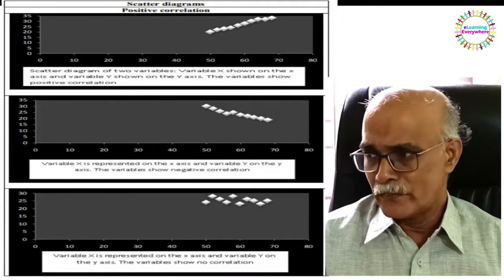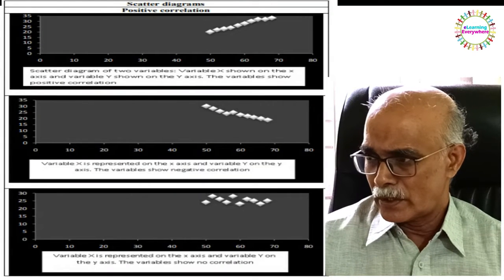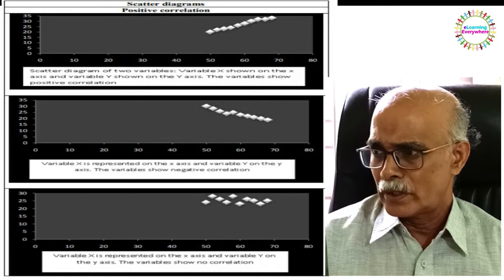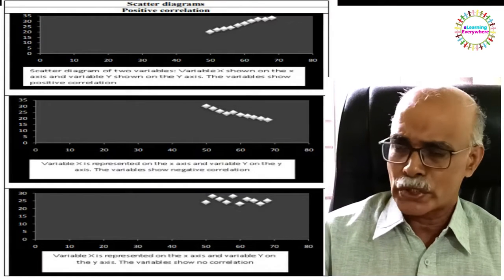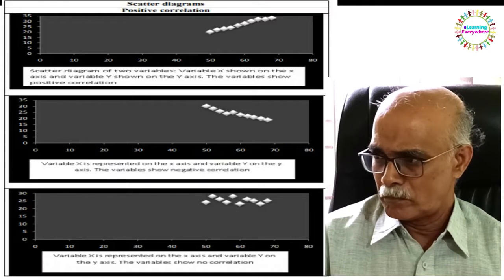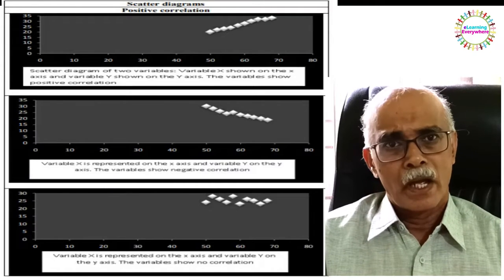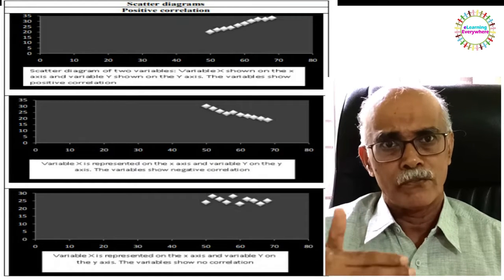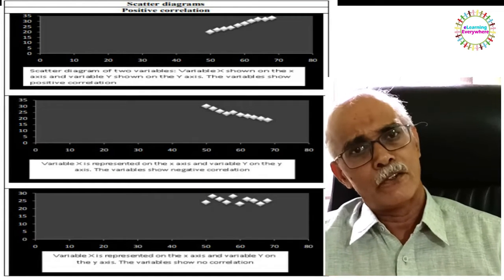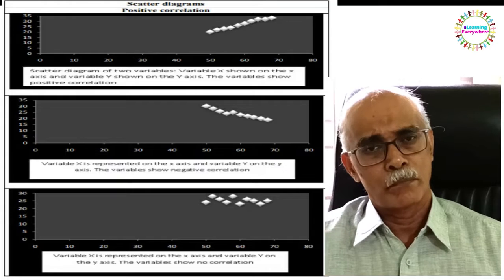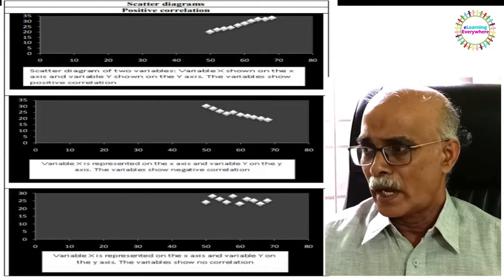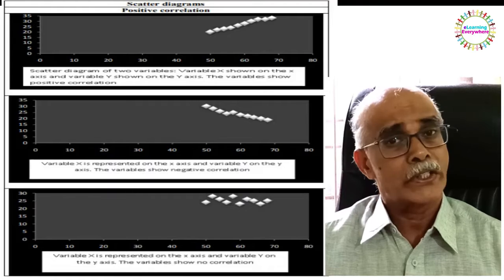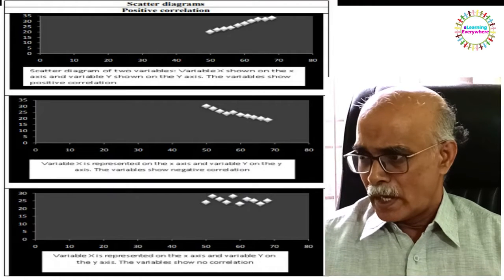A scatter diagram is a diagram in which the variables are plotted on the x-axis and y-axis, and the value of y corresponding to the value of x is plotted. It is called a scatter diagram.